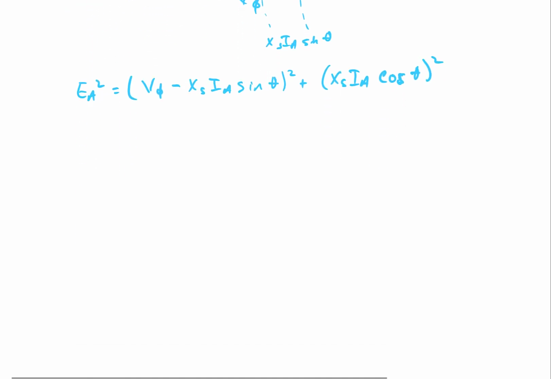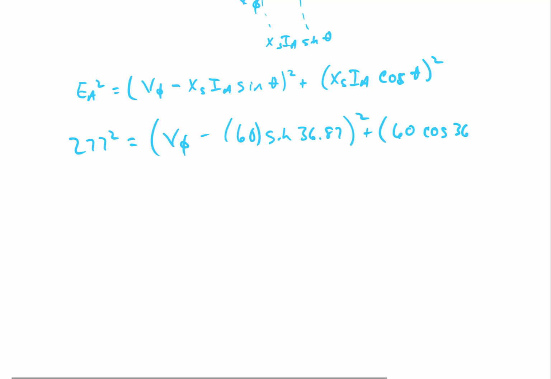Okay, so we plug our values in here. 277 squared equals VP minus 60 times sine 36.87, that whole thing squared, plus 60 cosine 36.87 quantity squared.